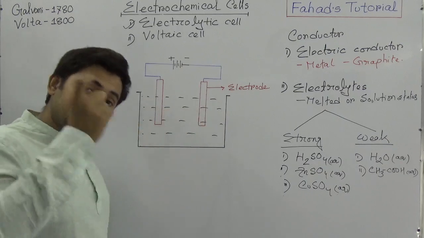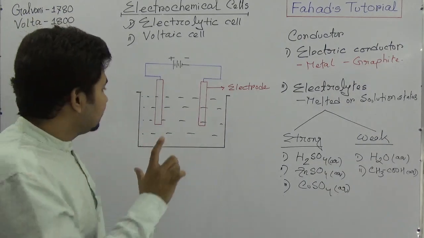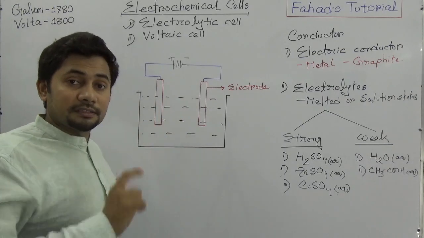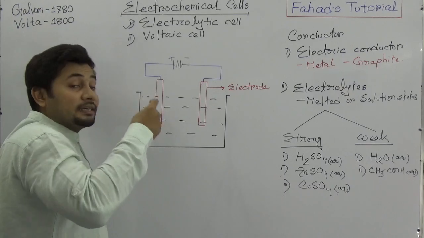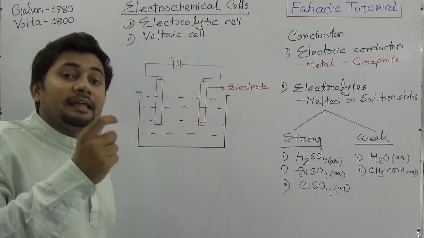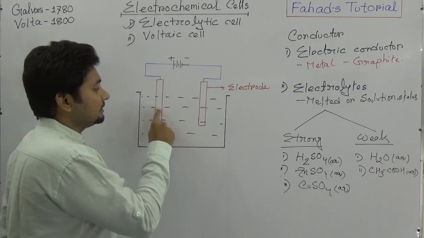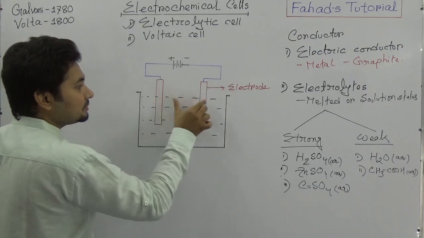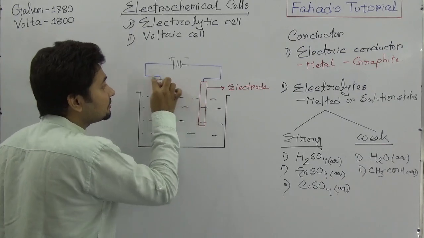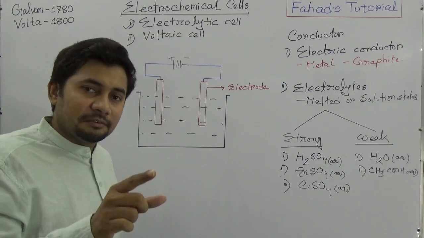These two can be the same metal, these two can be different metals, but these are electric conductors. So these electric conductors that are used in electrochemical cells and submerged in electrolytic solution are electrodes. Now one more thing, when two different things are connected with wire, with a battery or without a battery.